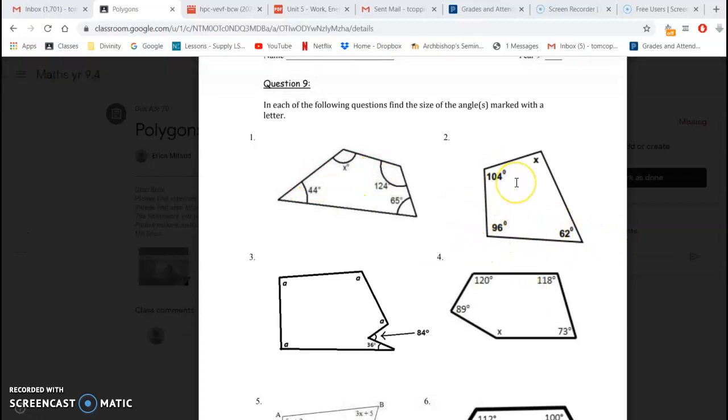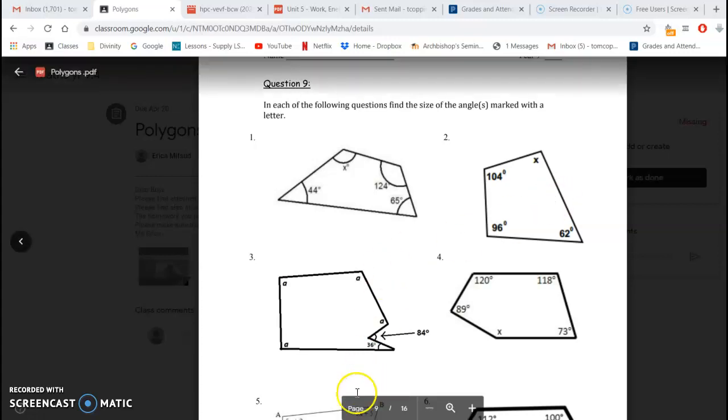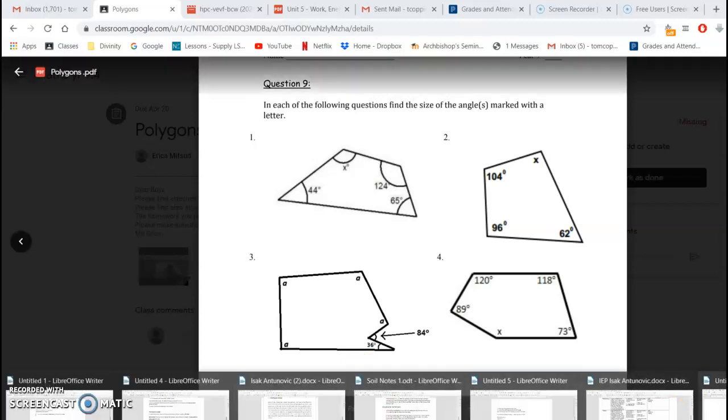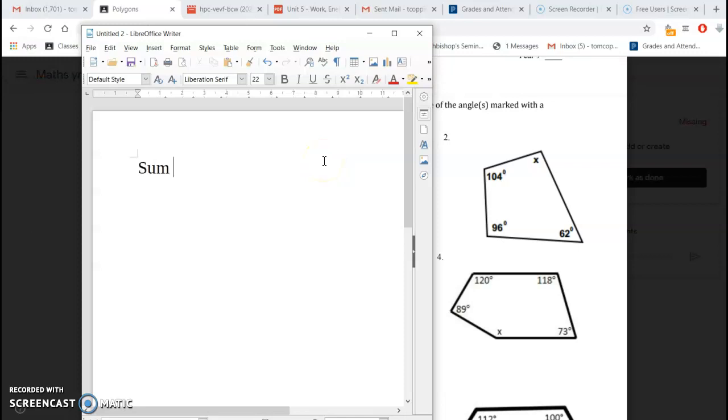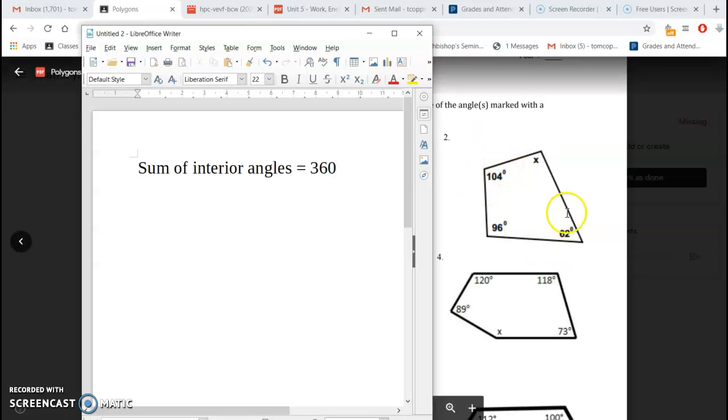So the first one is when you have four sides in a shape, it always adds up to 360, always. So we can start by saying that in this case, the sum of interior angles is equal to 360 because it has four sides, 1, 2, 3, 4.